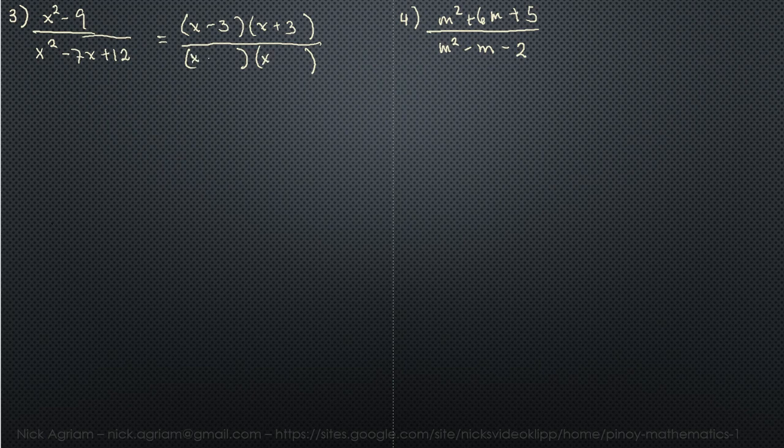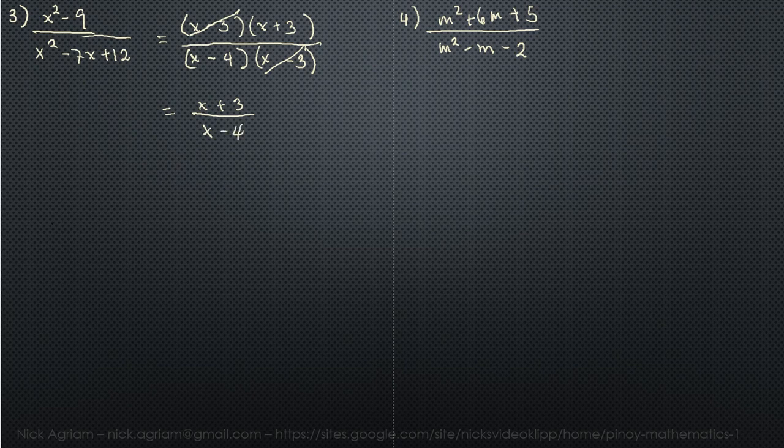We have negative 4 and negative 3, so negative times negative is positive 12. And then negative 4 minus 3 is negative 7. That's alright. Now we can cancel that one and that one. We have x plus 3 divided by x minus 4.